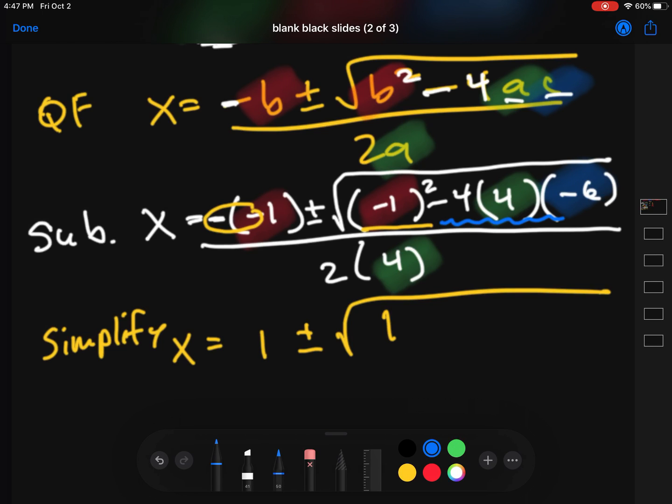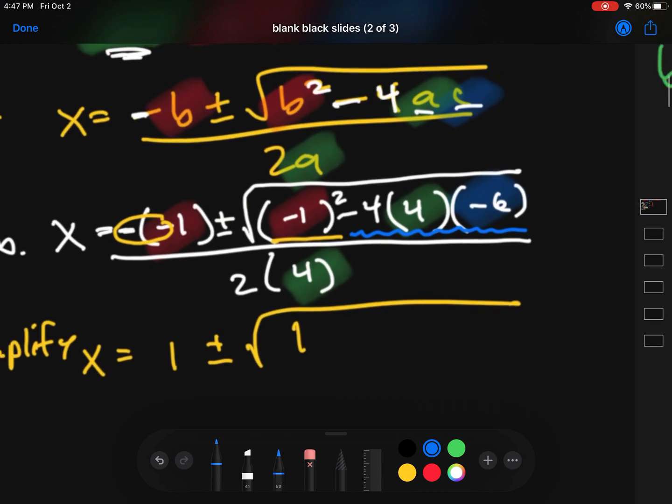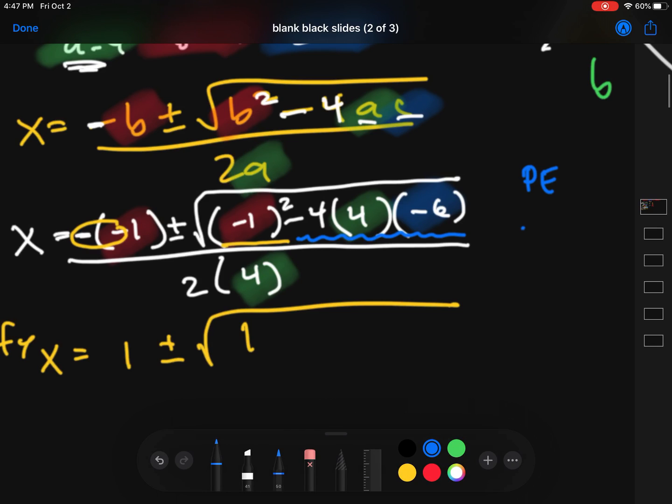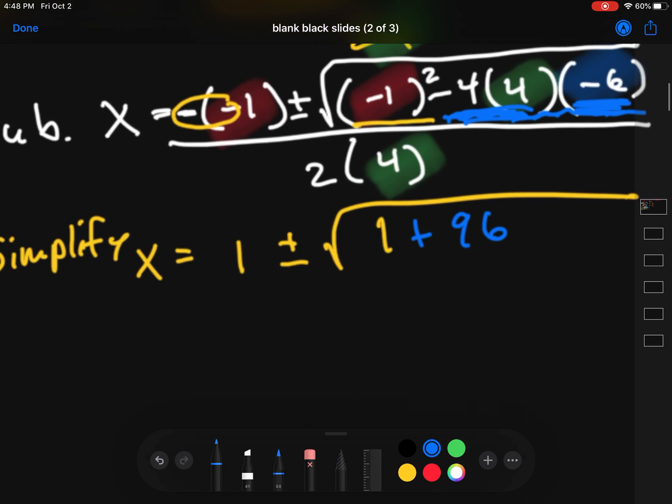This right here is, remember it's PEMDAS. So I just did the exponents in parentheses. Now we're doing multiplication here, okay? So negative 4 times 4 is negative 16. Negative 16 times negative 6 gives me a positive 96. And then 2 times 4 is just 8.